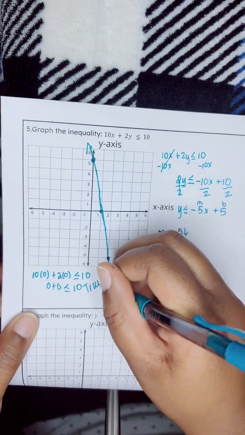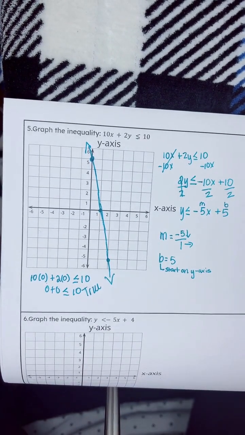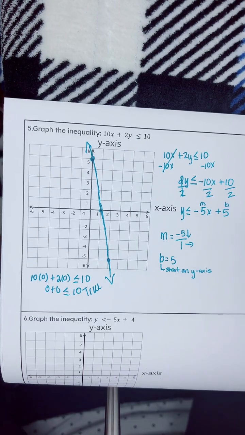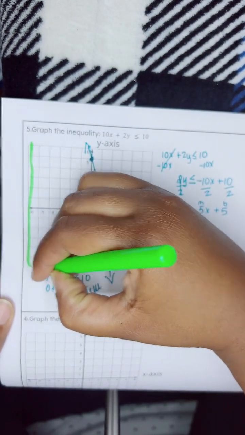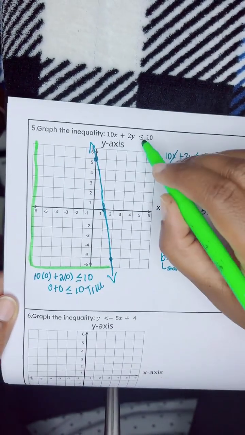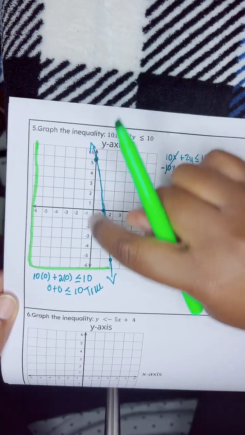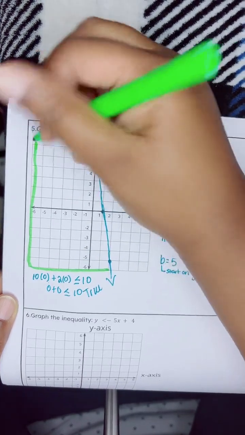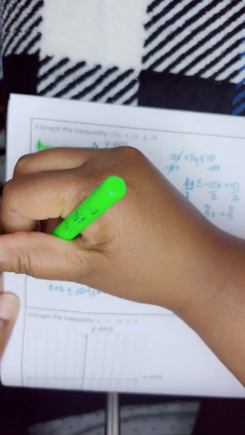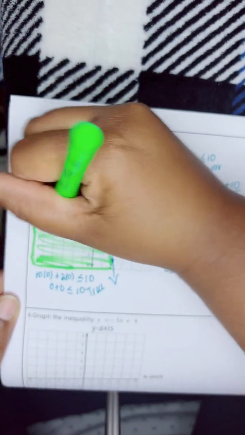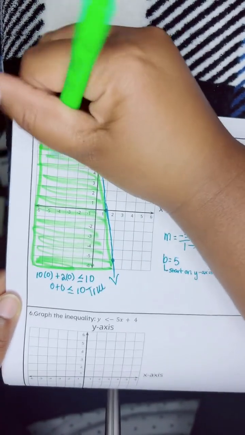It's true. And since it's a true statement, that's the area that I shade. I shade to the left. And remember, this is less than. So everything on the left is less than. And this is the way we would shade.